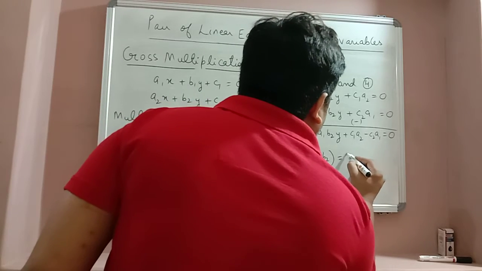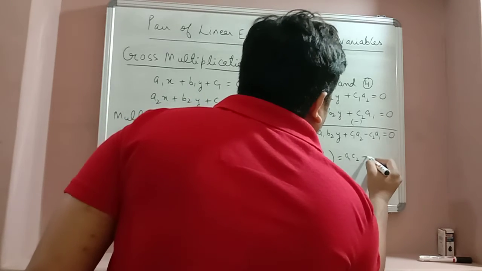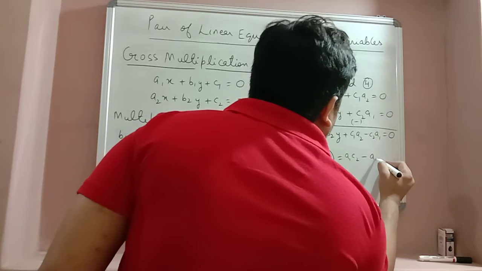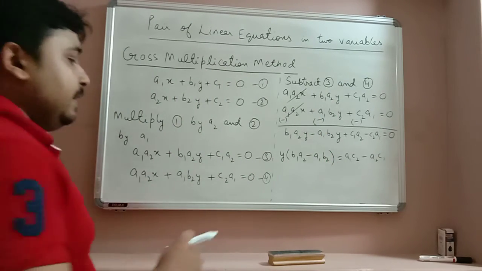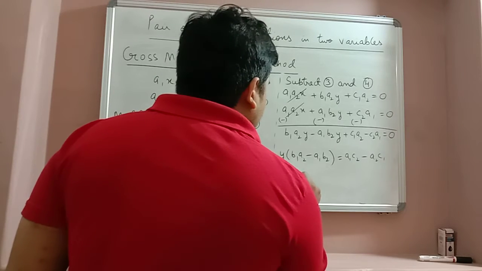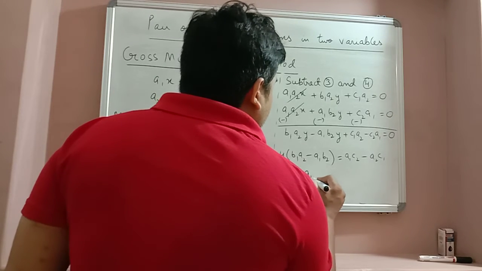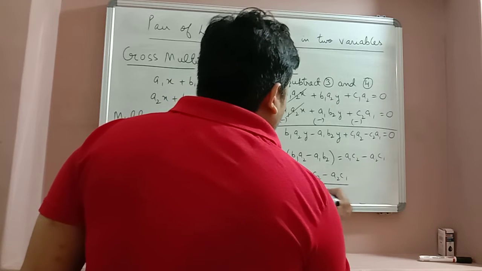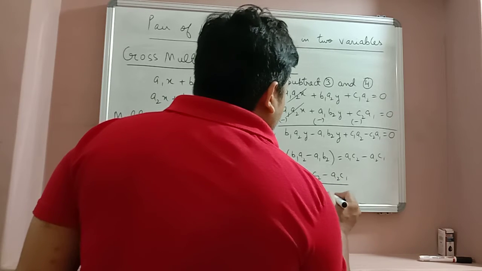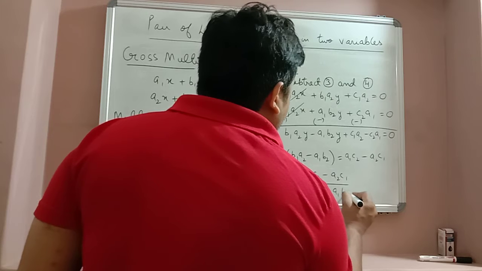So I'll get a1 c2 minus a2 c1. So from here the value of y can be written as a1 c2 minus a2 c1 upon b1 a2 minus a1 b2.